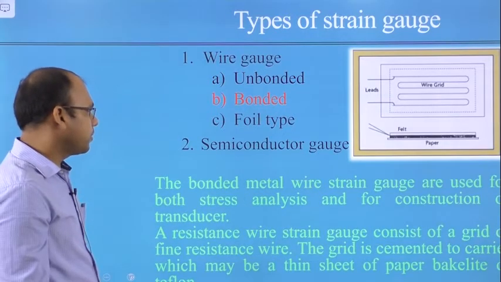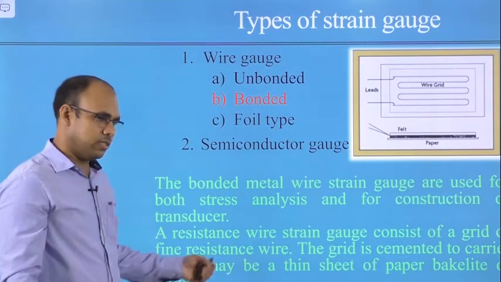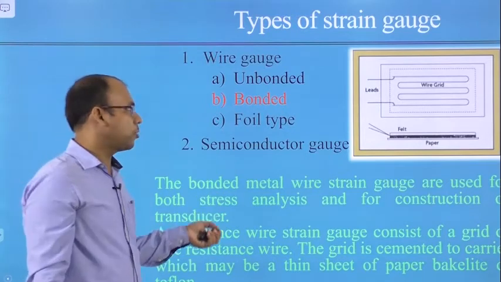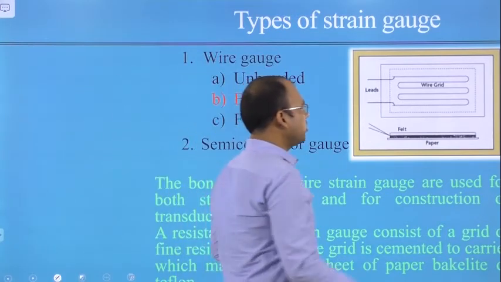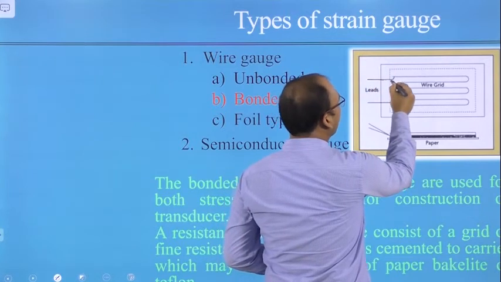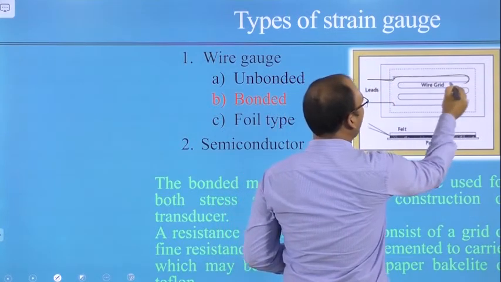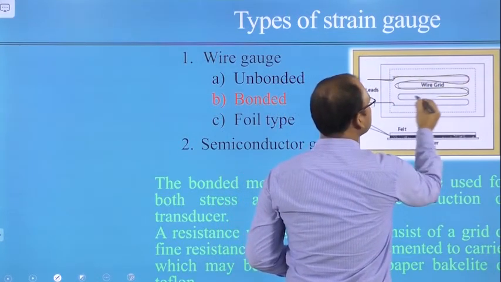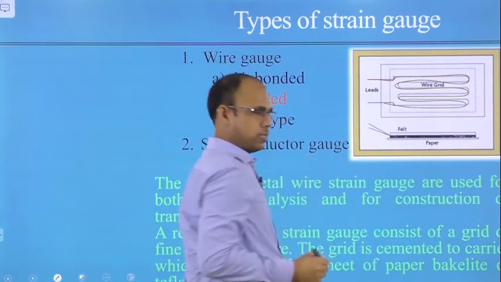Now when talking about the bonded type, the difference between the unbonded and bonded is only that now the same wire is bonded onto the surface of this plate, right?